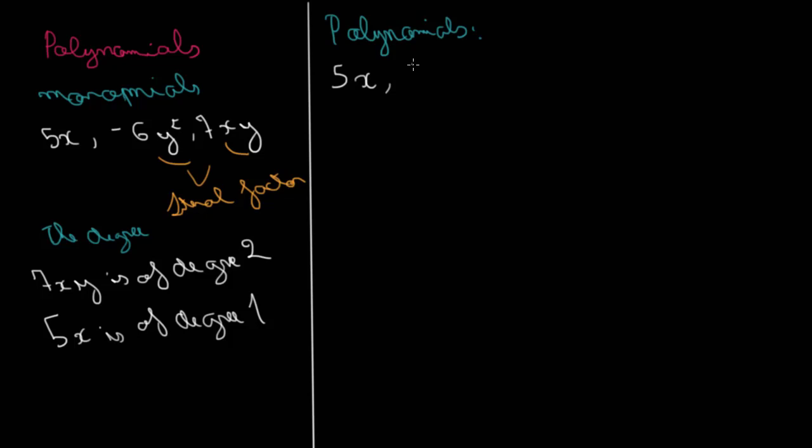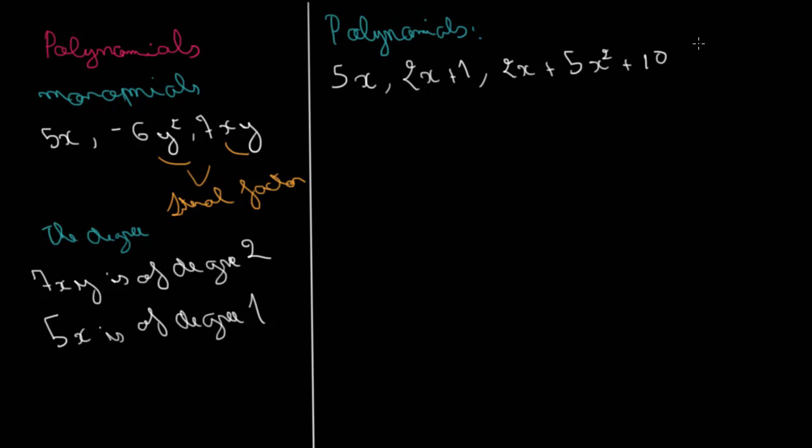This time I might write a finite number of monomials, such as 2x plus 1, or I might just write 2x plus 5x squared plus 10. So you can see these are examples of polynomials.